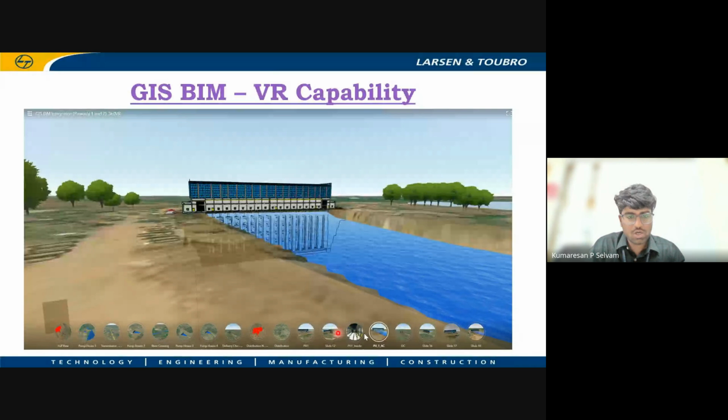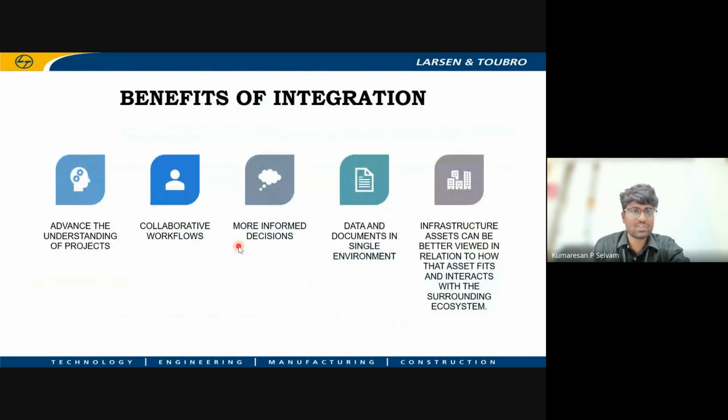You can just click on the location, and it will automatically take you to that location, and you can wear the VR glasses and just turn around and see how that location will be. Due to data security reasons, I couldn't show you the video of VR capability, but this is how VR is also possible with BIM-GIS integration.